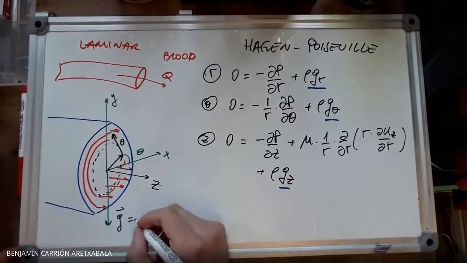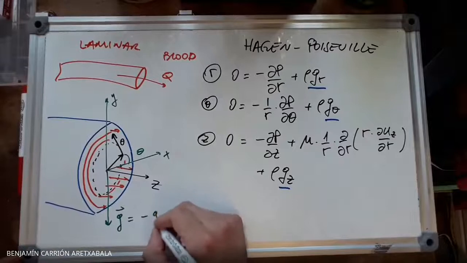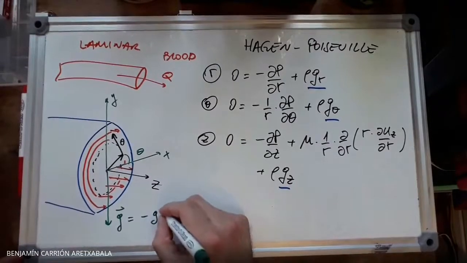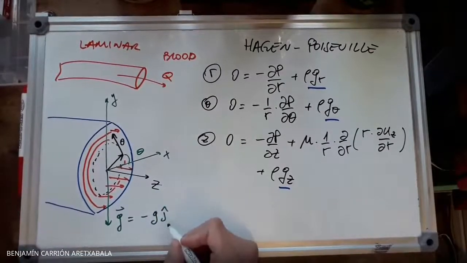So g is going to be minus g, the value, in the unit vector of y.